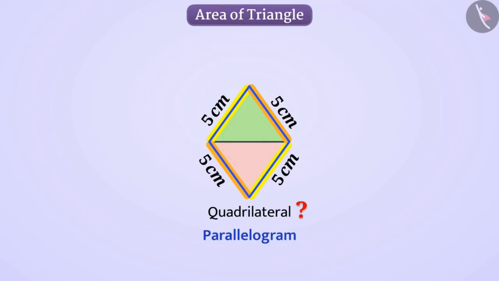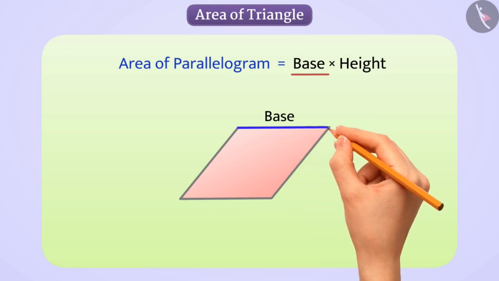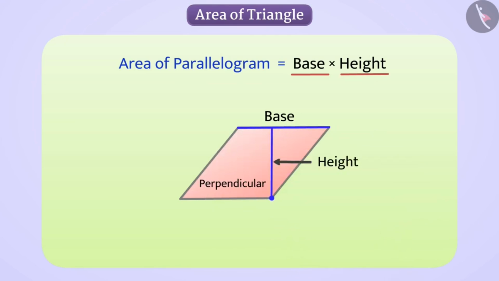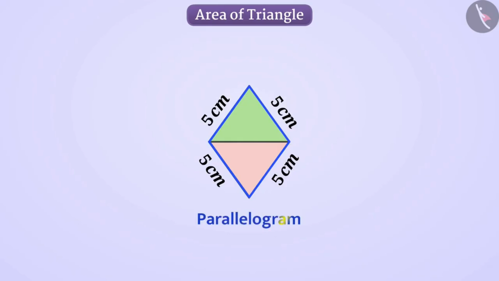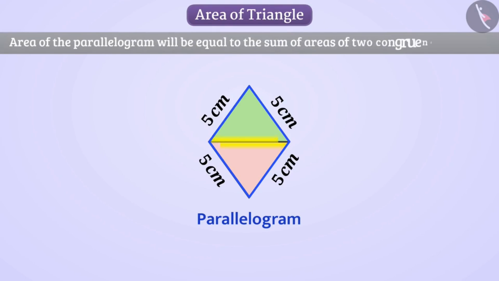In the previous video, we learned that the area of a parallelogram is equal to base multiplied by height, where base is one side of the parallelogram and height is the perpendicular dropped on that side from the opposite vertex. Since the parallelogram is made up of two congruent triangles, the area of the parallelogram will be equal to the sum of the areas of two congruent triangles.